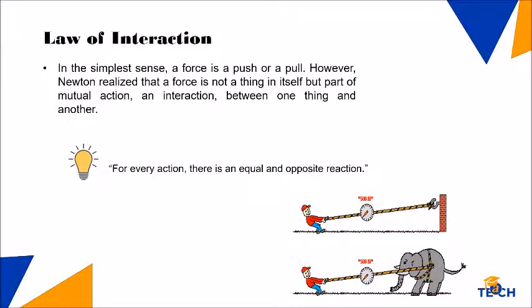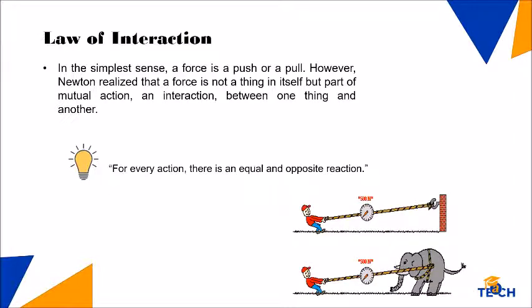The law of interaction, or the third law of motion. In the simplest sense, a force is a push or a pull. However, Newton realized that a force is not a thing in itself, but part of mutual action, an interaction between one thing and another. This law applies: for every action there is an equal and opposite reaction.